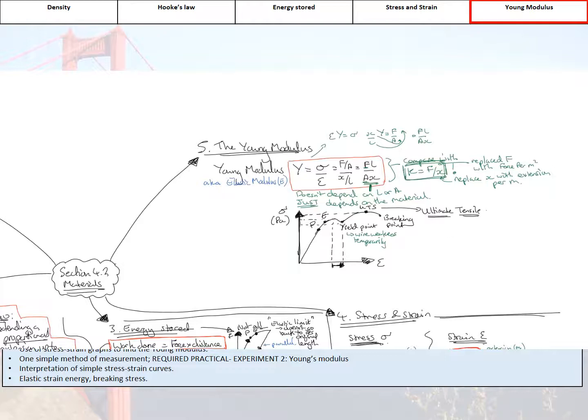Ultimate tensile stress. Largest stress the wire takes before breaking.